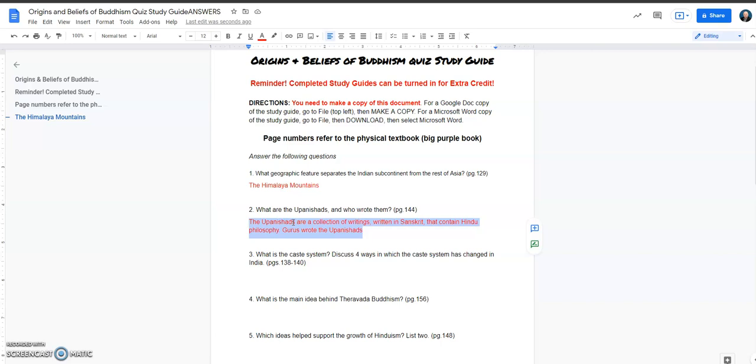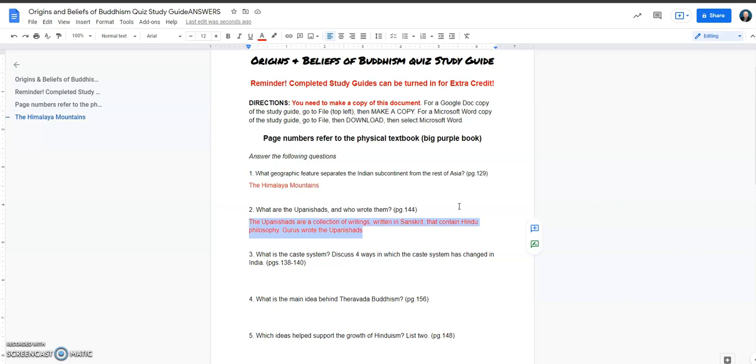You have these gurus, thinkers, philosophers, and teachers who developed this religion, and they would meditate and talk about it and write about it. Eventually somebody collected these writings and put them together, and that became the Upanishads. So the Upanishads are a collection of Hindu philosophy written by various gurus throughout the years.